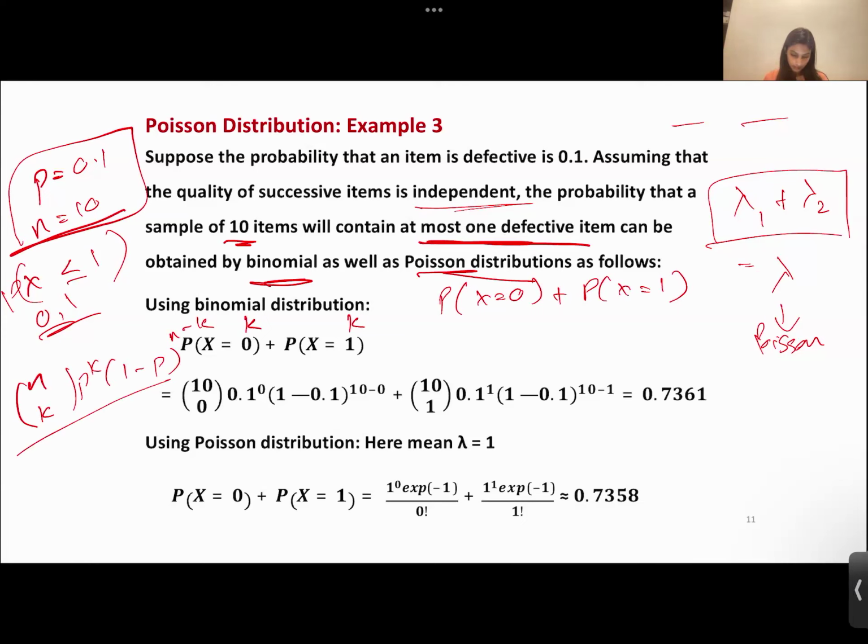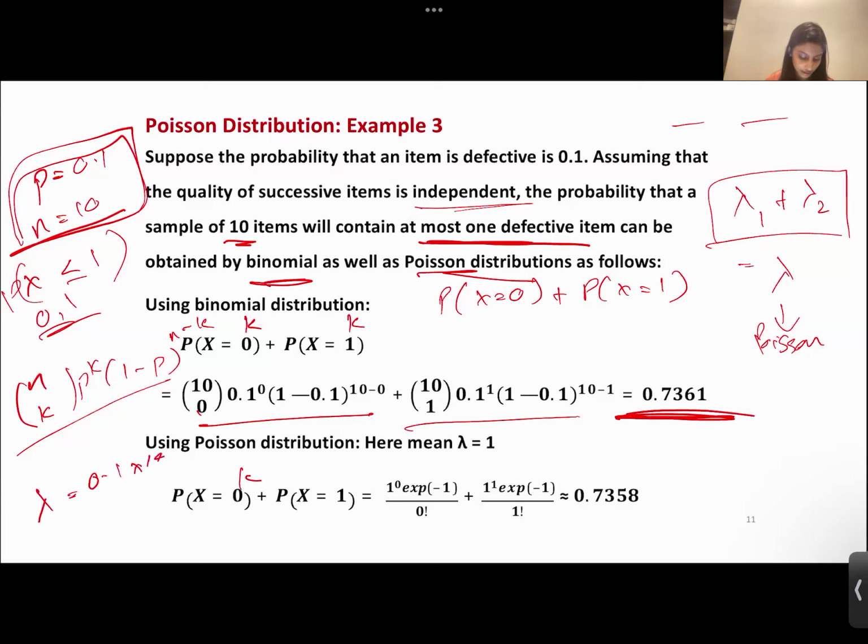You substitute 0 and 1 for k, add these, and get the final answer. Even with the Poisson distribution, n times p would be lambda. 0.1 times 10 is 1, so lambda is equal to 1. You substitute these, add them, and you'll get the answer.